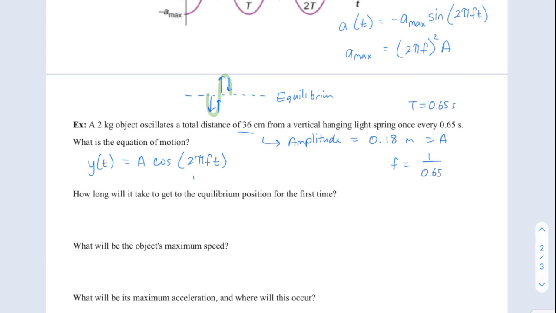So y of t would be equal to 0.18 times the cosine of 2 pi t over 0.65.